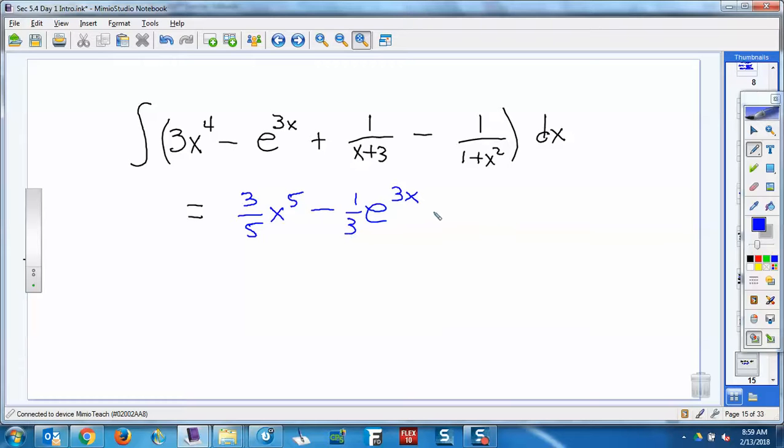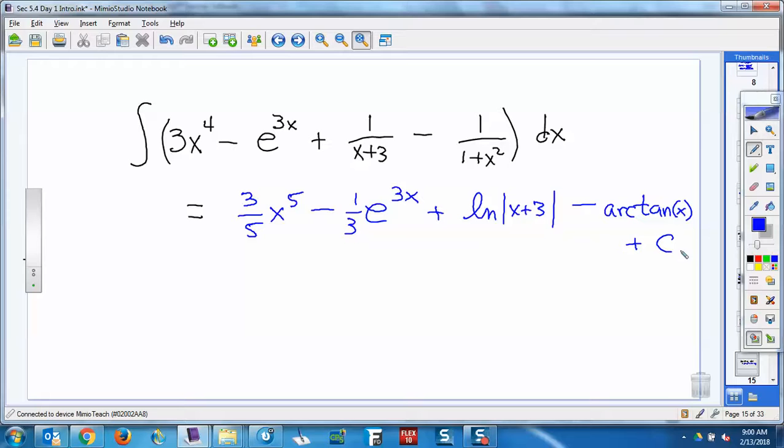Okay, so we've done that. We saw this one on the one Maya asked about. So this is ln of x plus 3. We've got to put the bars around it, right? Okay. Just got to remember to do that. And then, what's that last one? That's tangent of x, and then a plus c at the end.